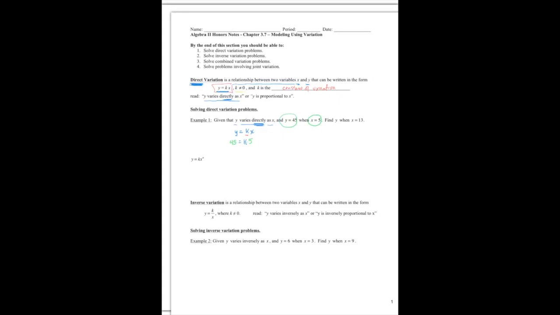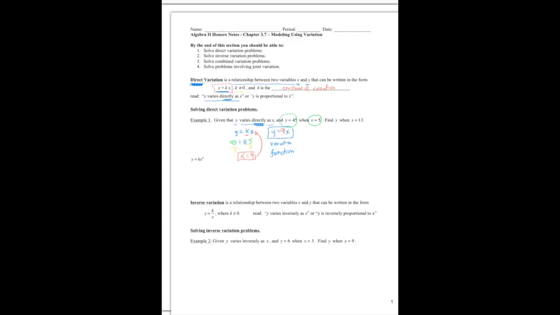How do we do that? We divide both sides by 5, and we get that k equals 9. Now, I'm going to take that constant of variation and substitute it back into the variation equation. So I have y equals 9 times x. So that is your variation function.